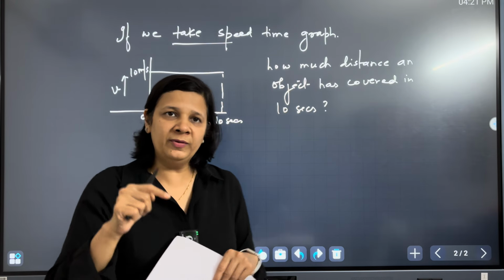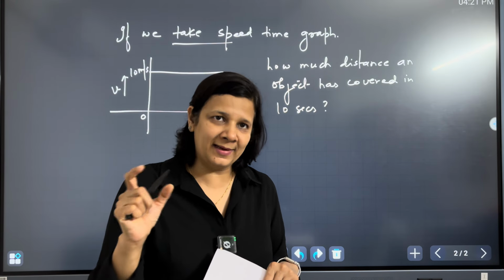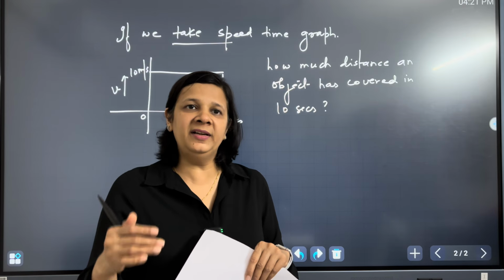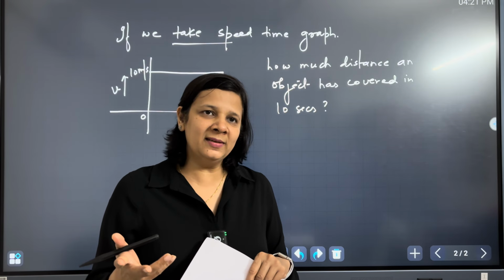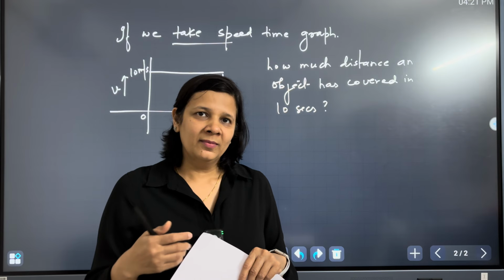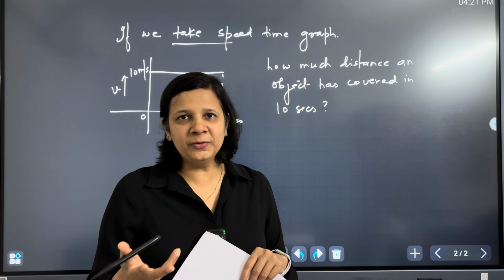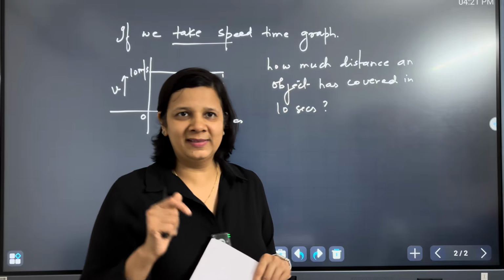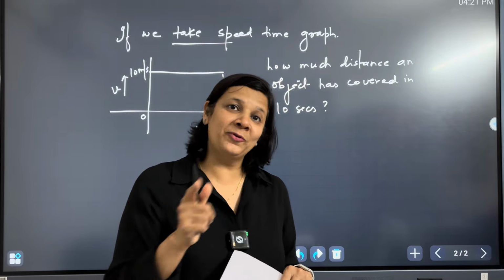The object is moving with a constant speed of 10 meter per second, and if I ask you how much distance the object has covered in 10 seconds, what will be your answer? Speed into time, right? Because the object is moving with constant speed, 100 meters, right? Now how do we see that from the graph?